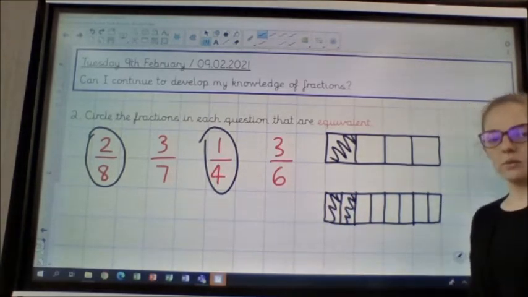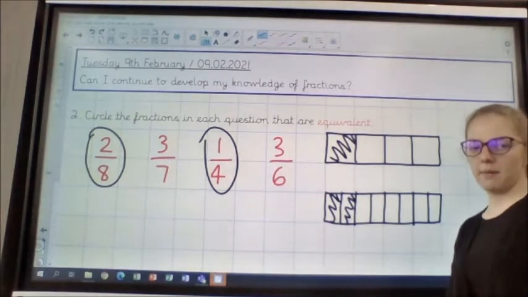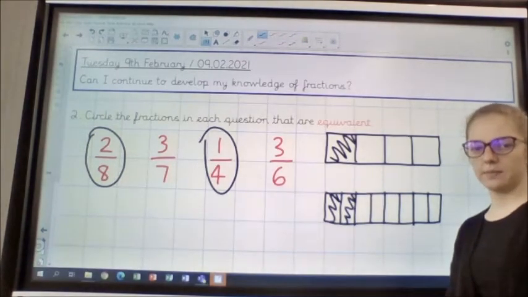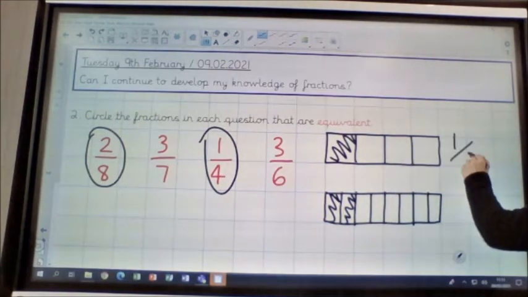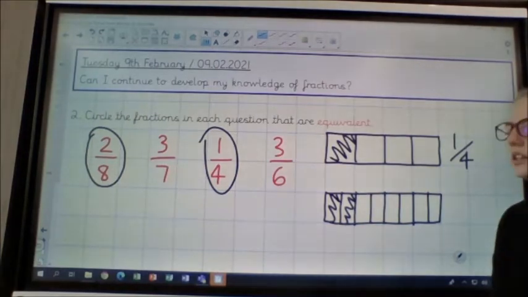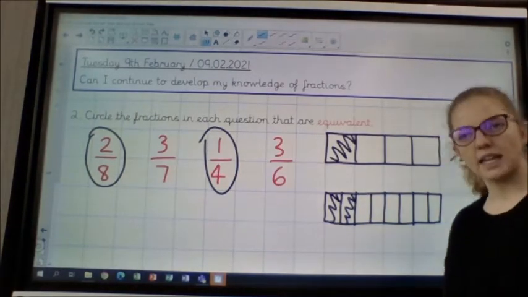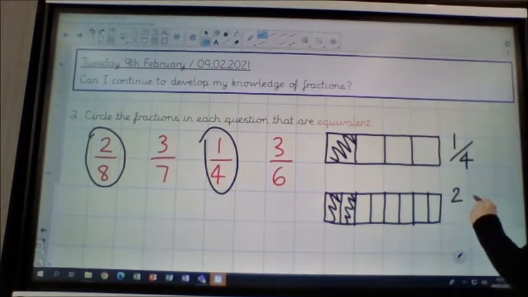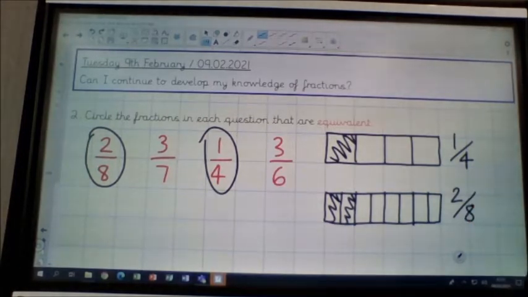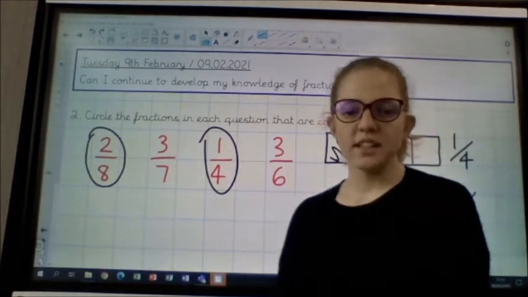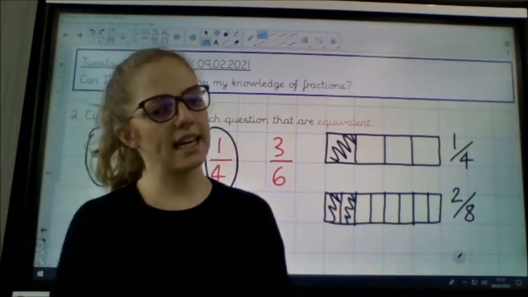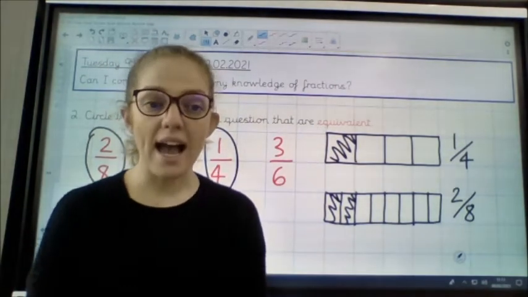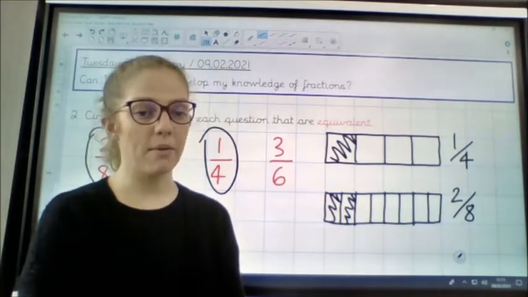What do you notice about my two fraction bars? My top one is 1/4. My bottom one is 2/8. You can see there that the same amount has been shaded in each fraction bar and they represent the same amount.